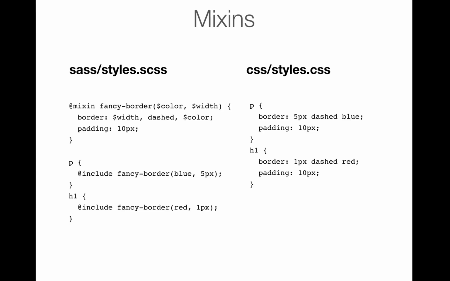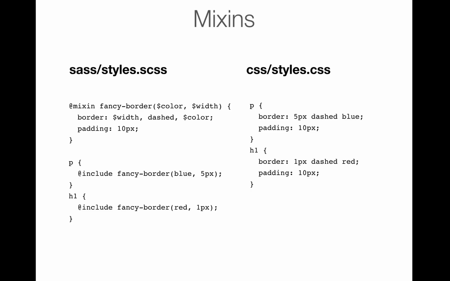And then you can see in the CSS where it gets defined in the border property, you have the 2 variables in there. So instead of hard coding the width and the color, you're just using the variables width and color. And then those get passed from the @include.